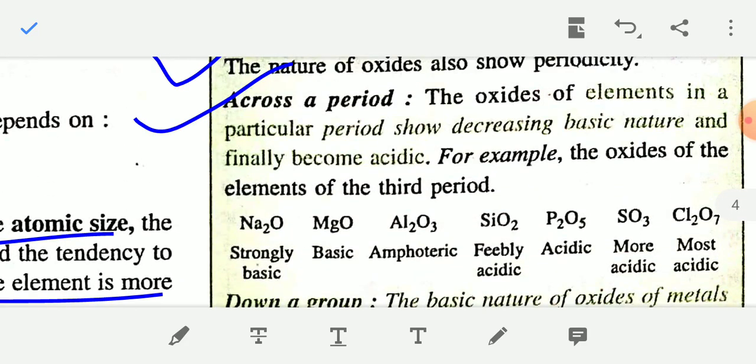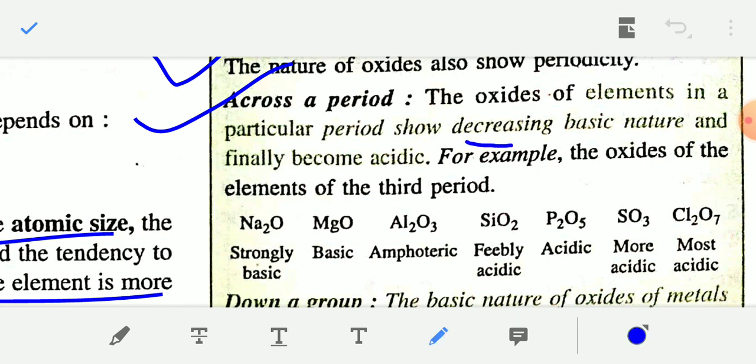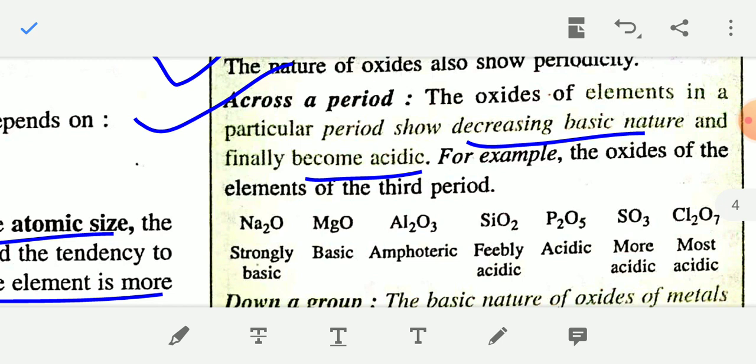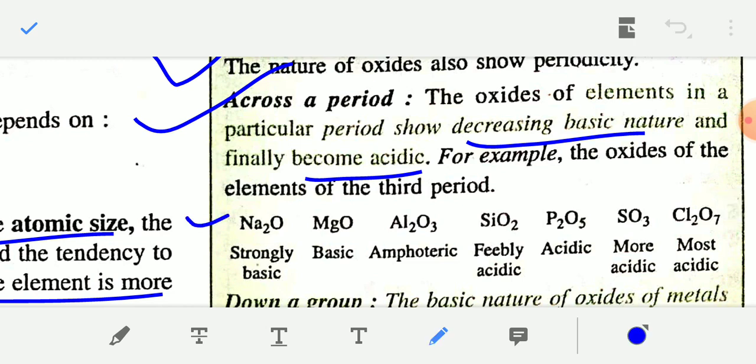The oxides of elements in a particular period show decreasing basic nature and finally become acidic. For example, the oxides of third period elements, that is sodium, magnesium, aluminium, silicon, phosphorus, sulfur and chlorine, are Na2O, MgO, Al2O3, SiO2, P2O5, SO3, Cl2O7.